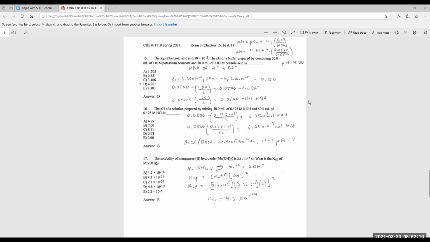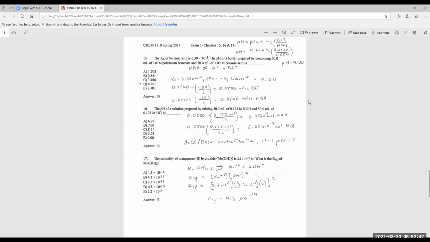Number 15, you're given the acid dissociation constant of benzoic acid, that's 6.30 times 10 to the minus 5. And then you want to know the pH of a buffer prepared by combining 50 mLs of 1 molar potassium benzoate and 50 mLs of 1 molar benzoic acid. So you can use that Henderson-Hasselbalch equation again on this one.